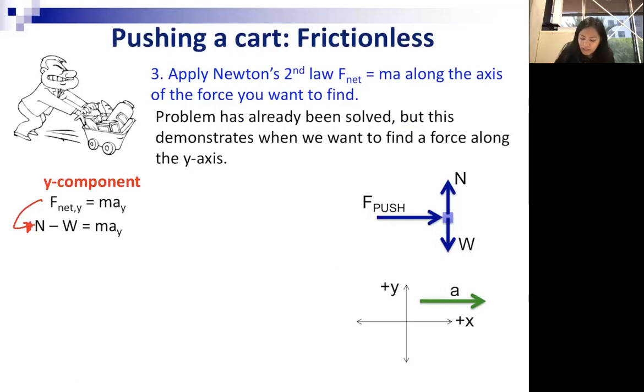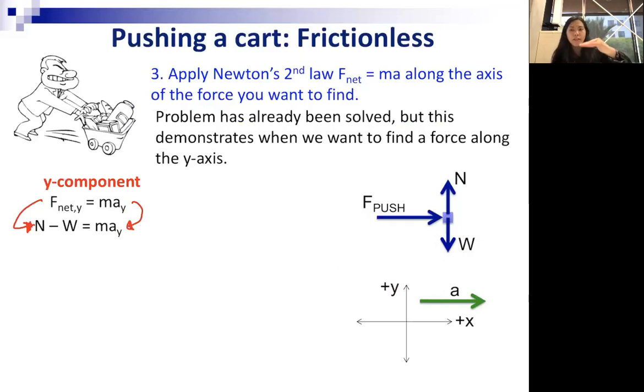Then the right-hand side, it's still just carried over. Okay, right? What do you think is the acceleration along the y? Yeah, 0. So we can assume that the cart is just moving to the right.